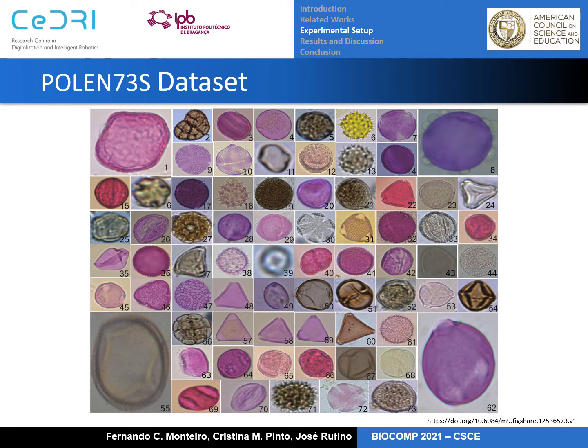Although the images have different dimensions, they were resized according to the image size of the CNN input. As we can see, there are some pollens very similar to the others, increasing the difficulty of obtaining a correct classification.